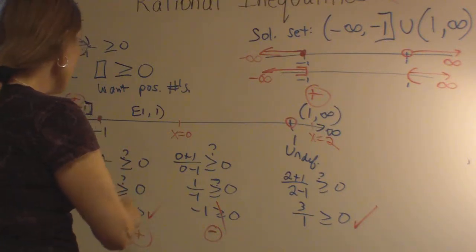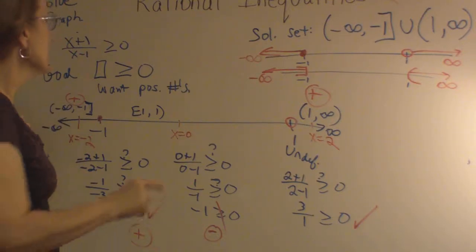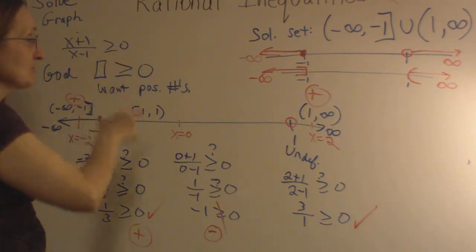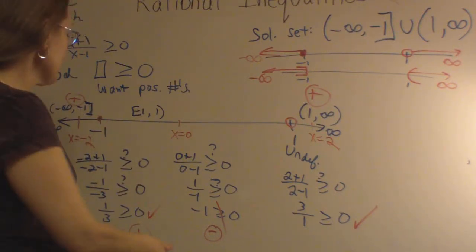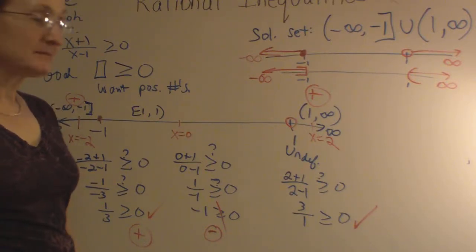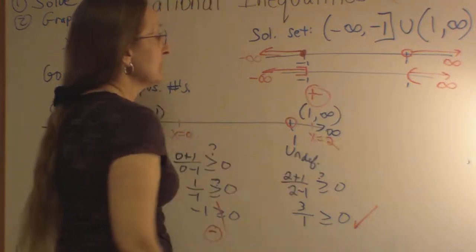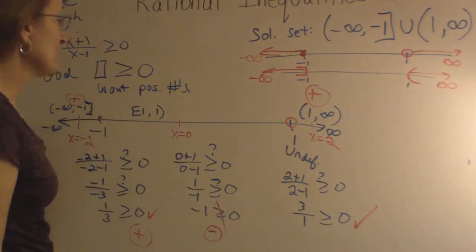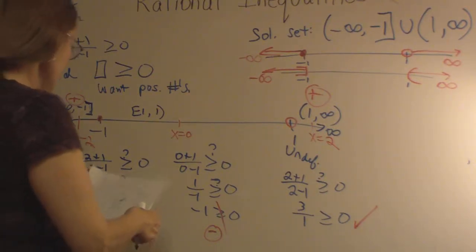You plug them into your new expression that has to be, by definition, greater than or equal to 0, and see where the expression is greater than or equal to 0. Once you find out, you can graph your solution set in interval notation as well as in number line form, and you will have completed this task.